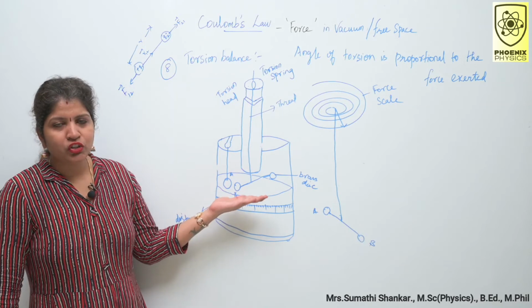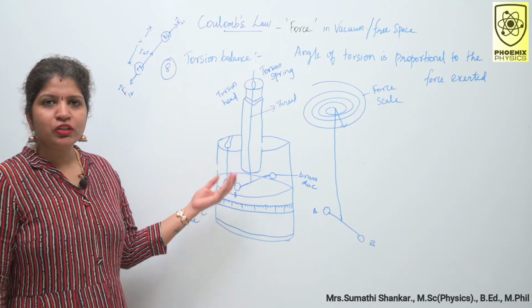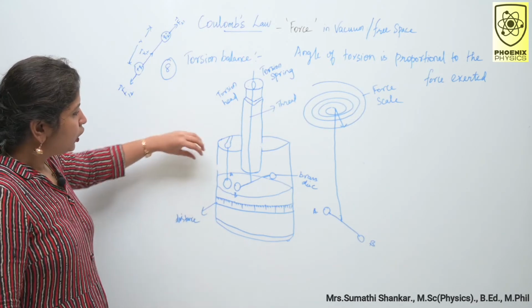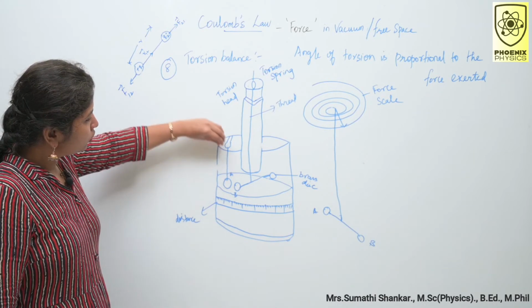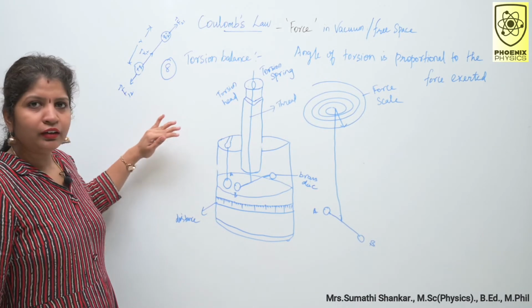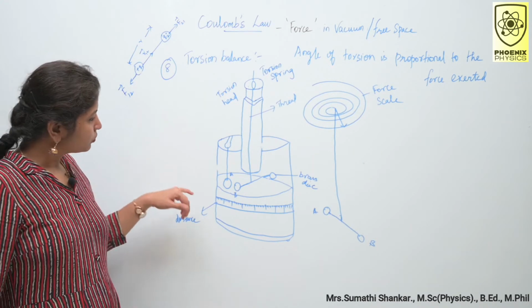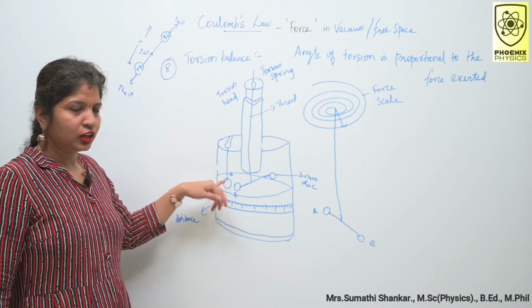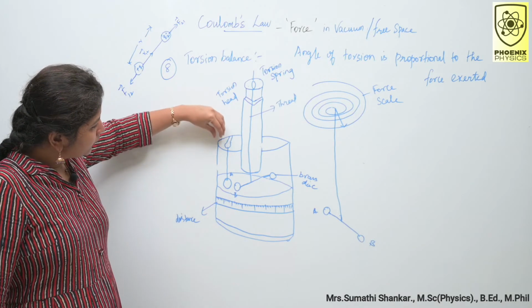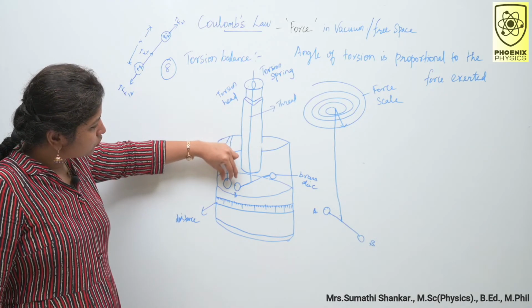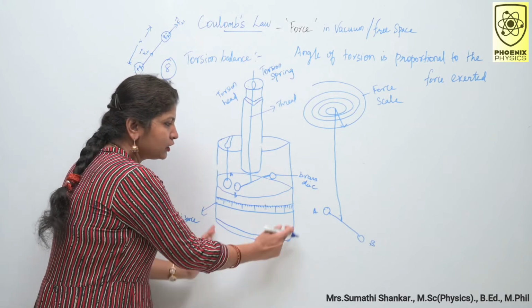Both are uncharged spheres. So in order to start the experiment, Coulomb took out sphere A and rubbed it with some material. Due to this rubbing, A is charged. Now he inserted the charged sphere inside the cylindrical case.